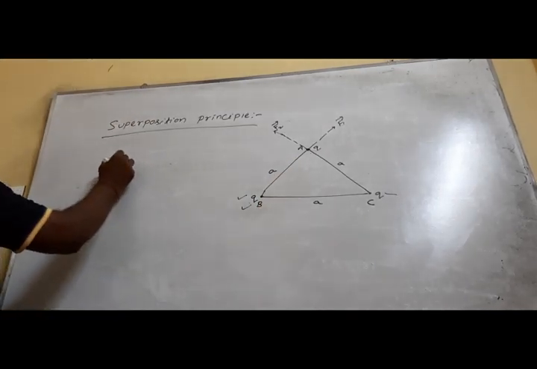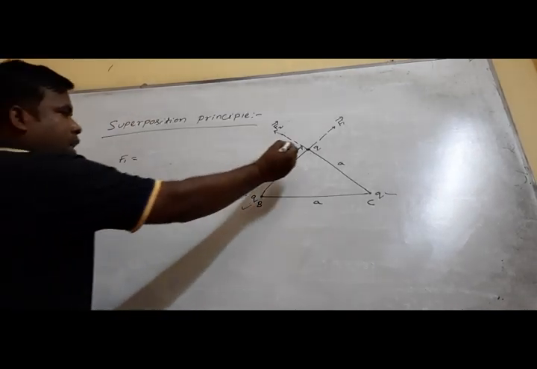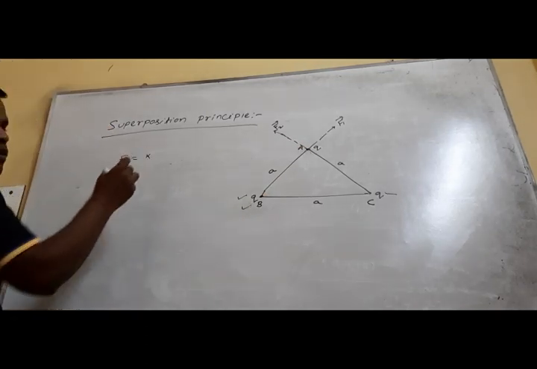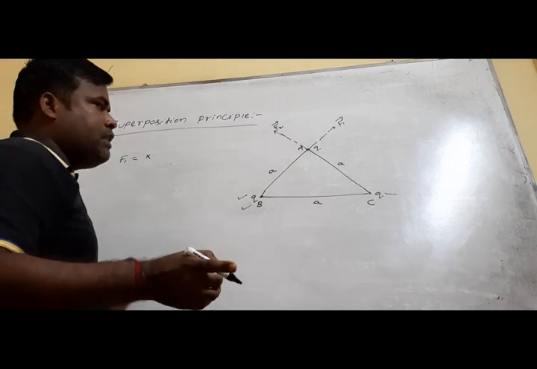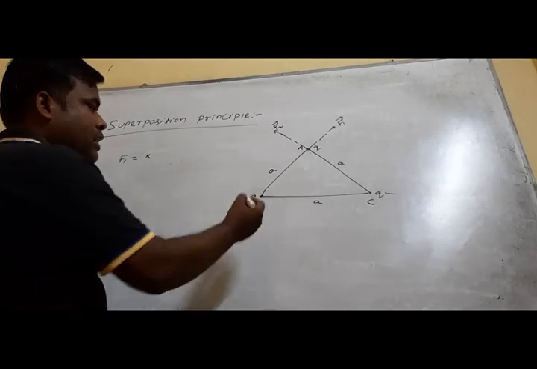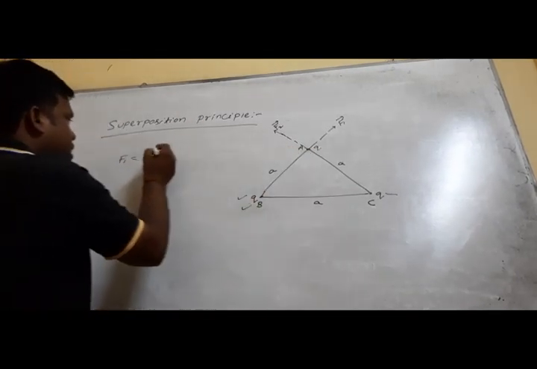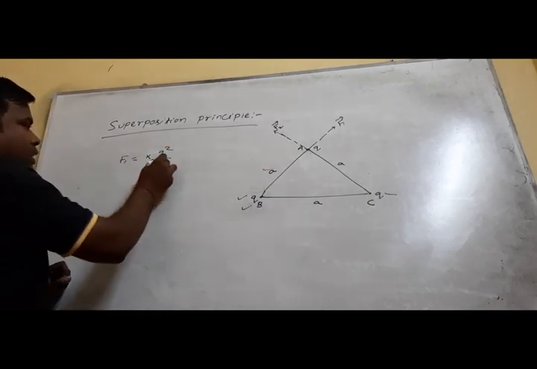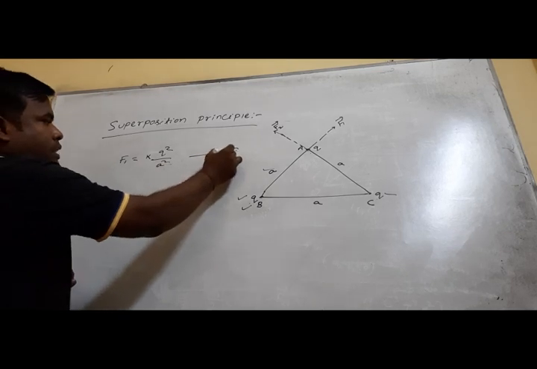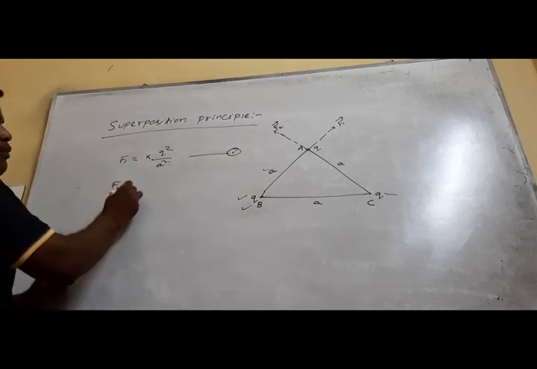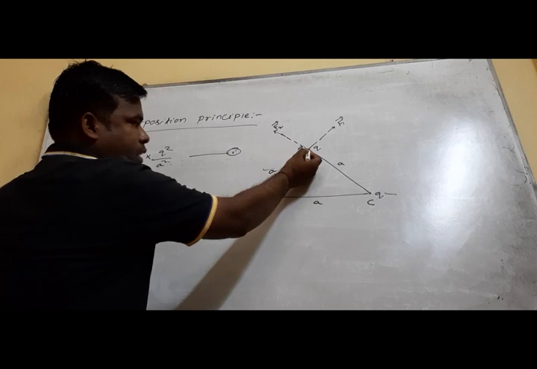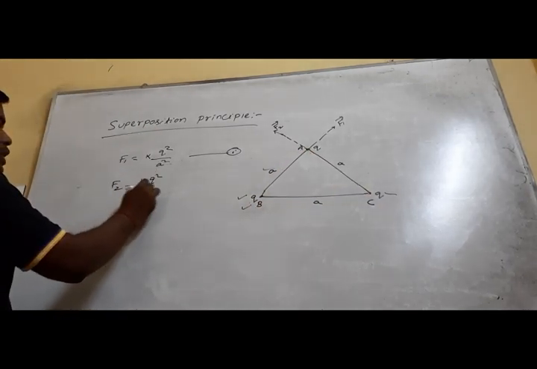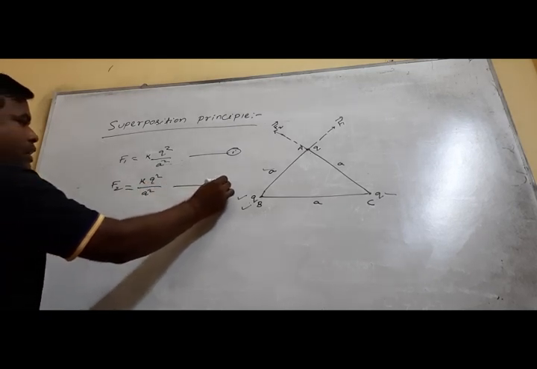So what is F1? F1 is force acting upon this charge due to this charge. You know Coulomb's force is k q1 q2 by r square. That means this q into this q, that is q square divided by a square. Similarly, you find F2. F2 means force acting upon this charge due to this charge, that is k q square by a square.